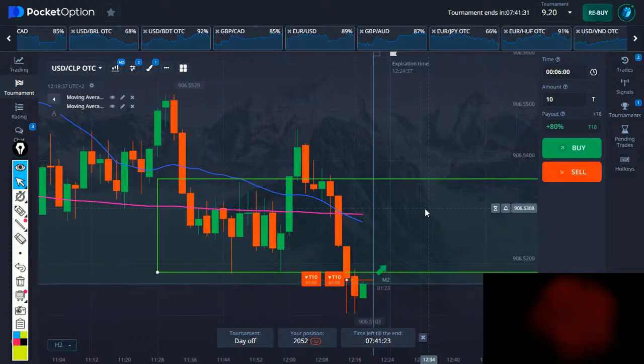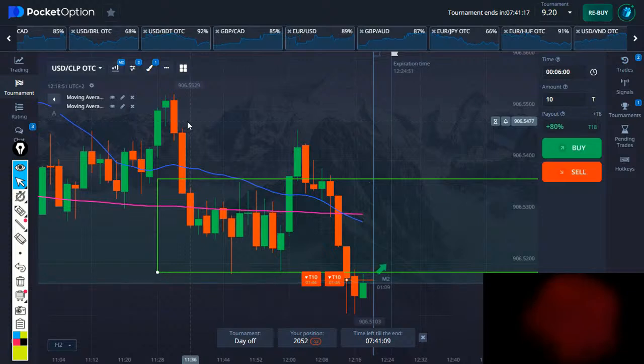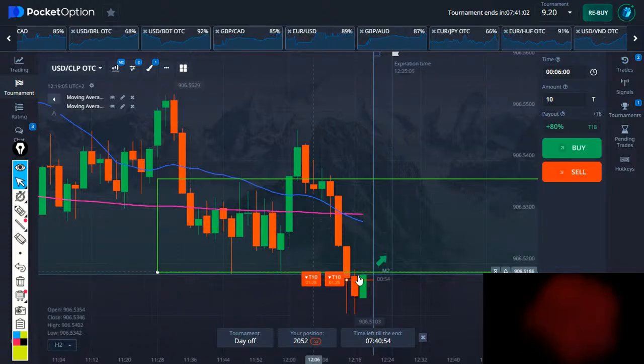Two minutes left. It's rejecting from this supply, from this resistance level.